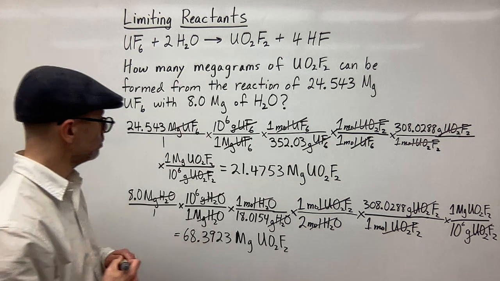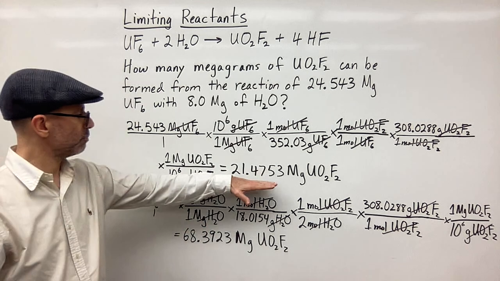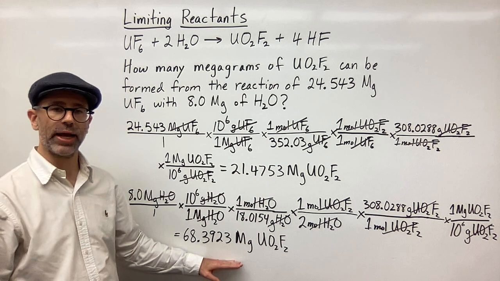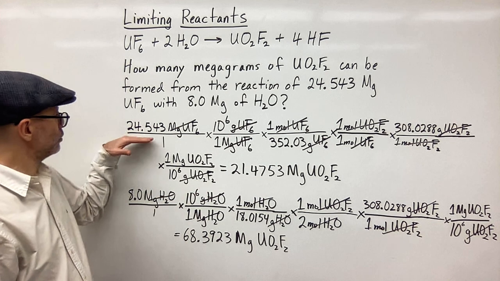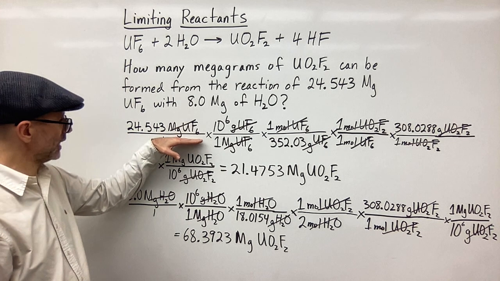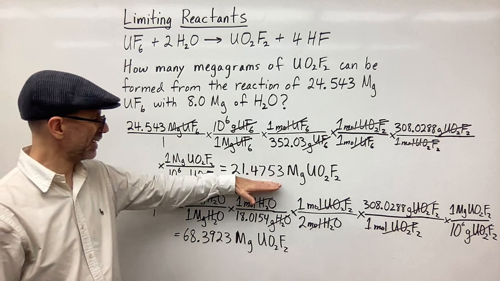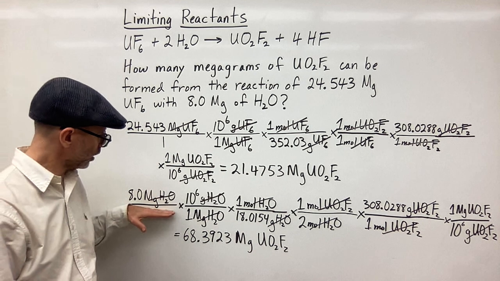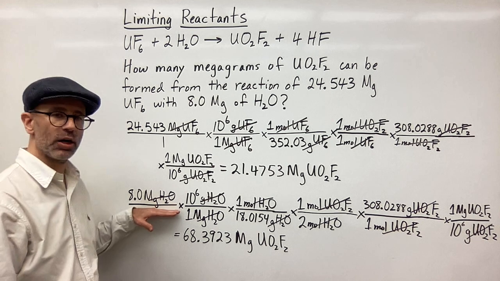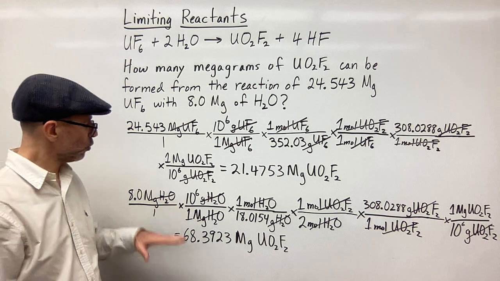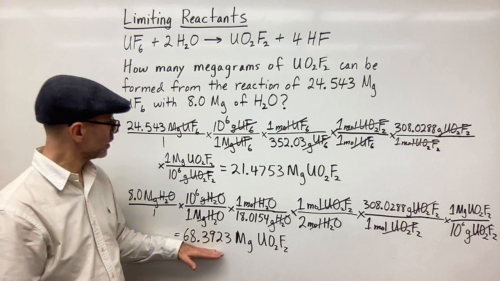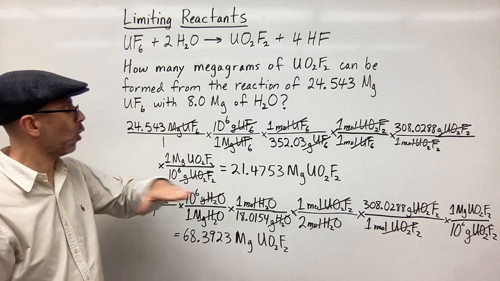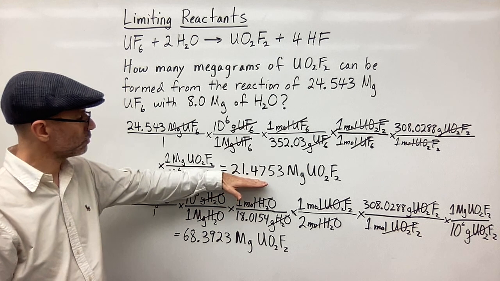So now when we look at the amount of our product being formed by both reactants, we can see that this reactant here, the UF6, produces less than that from the water. This amount of water, if it reacts completely, would produce this amount. The amount of the UF6 that we're given, if that were to react completely, would only produce this amount.